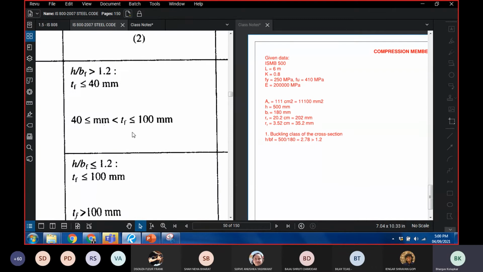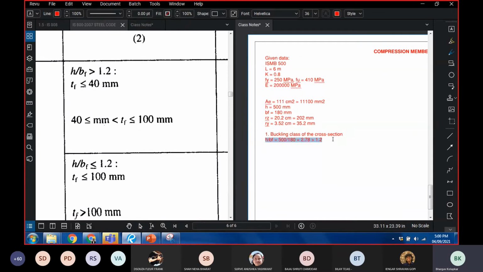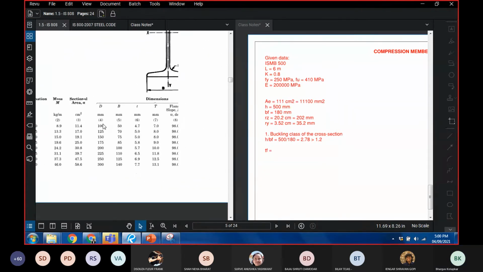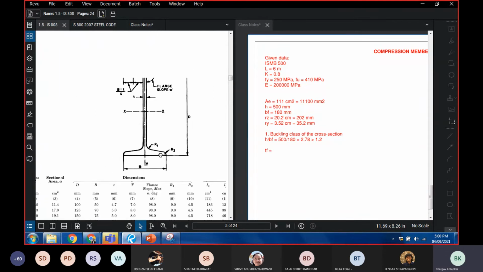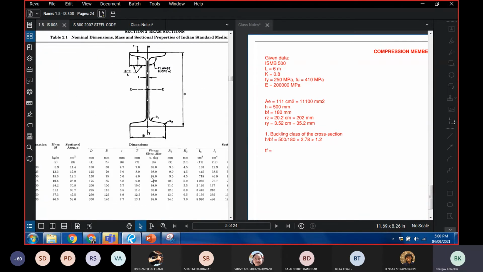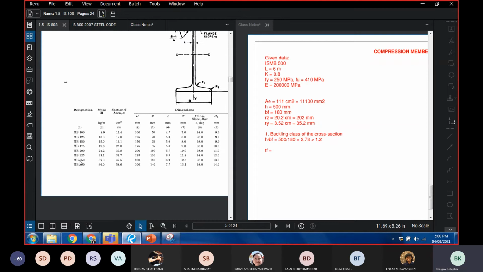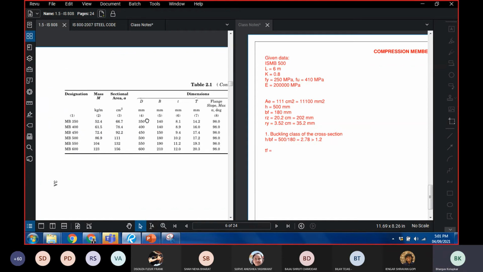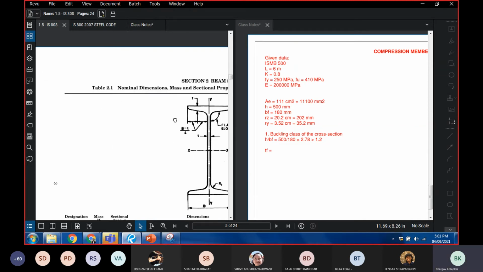The second condition is the thickness of flange. So our thickness of flange is, oh, we did not look at it, sorry. The thickness of flange here is denoted by capital T. For ISMB 500, 10.2 is, sorry, the thickness of web.